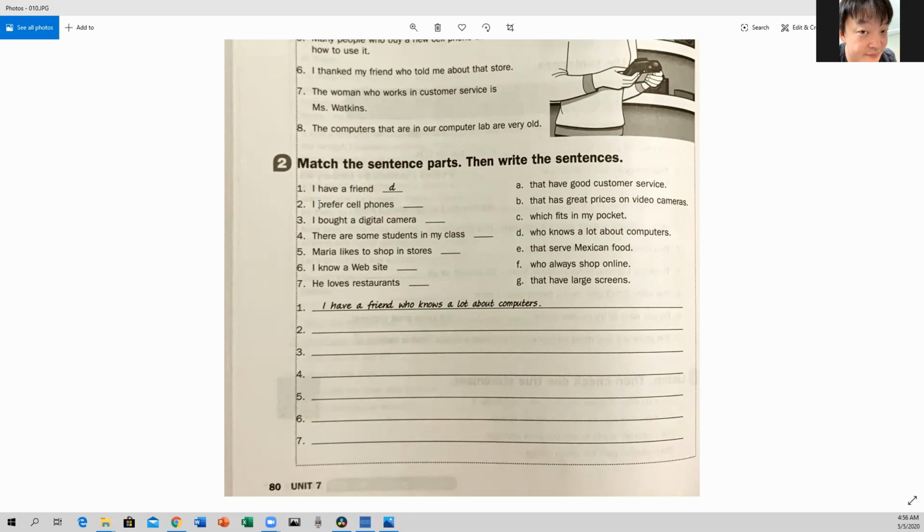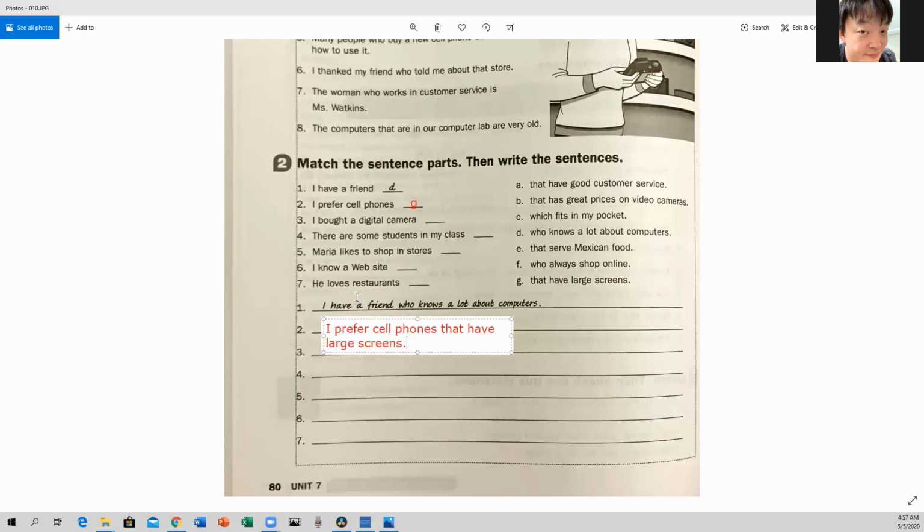So number 2, I prefer cell phones. What kind of cell phones? Letter G, that have large screens. Okay, so you add letter G here, and then you go here and it says, I prefer cell phones that have large screens.